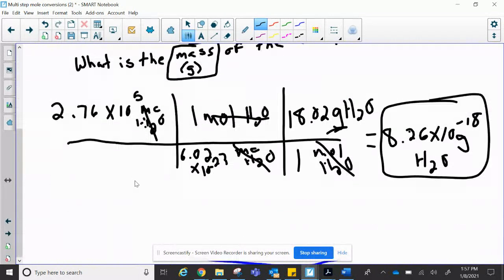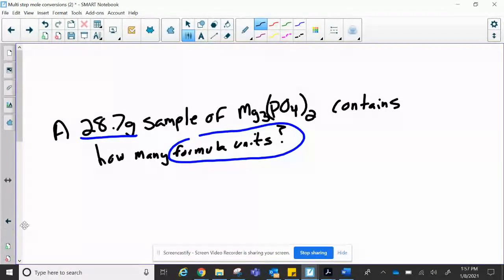All right, let's try another one. This one, we have a 28.7 gram sample of magnesium phosphate, and we want to know how many formula units it contains. Okay, just to be clear, a formula unit is 1 unit of an ionic compound.